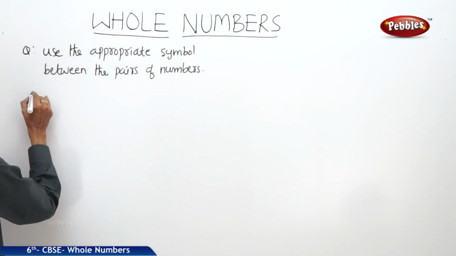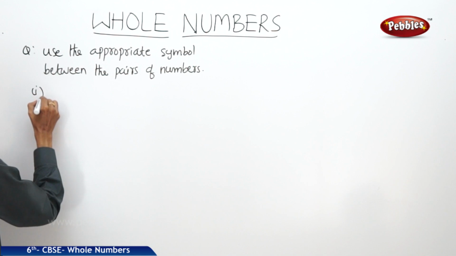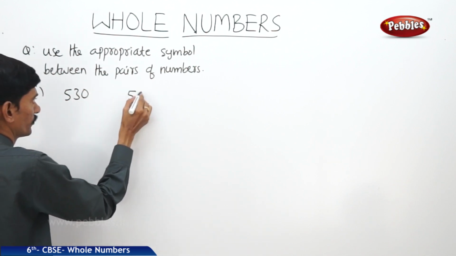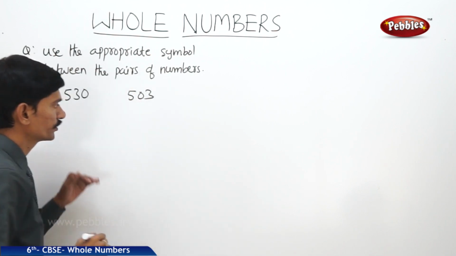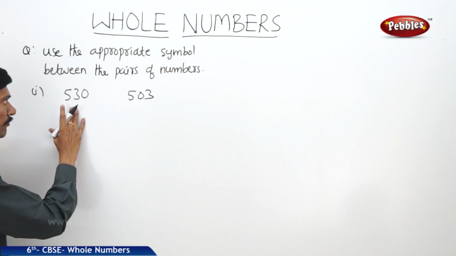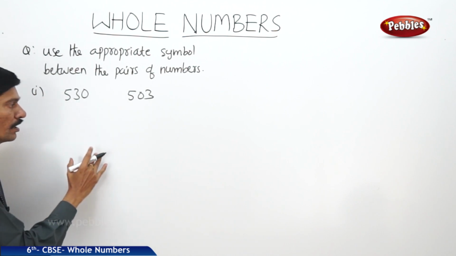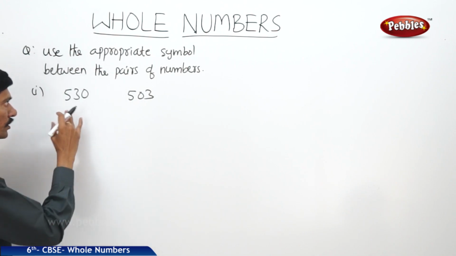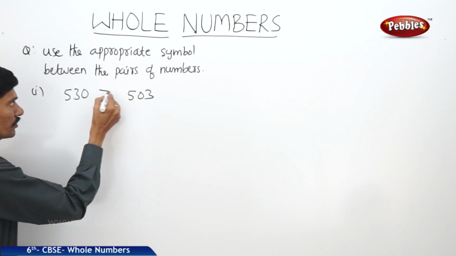So the first question, 530 and 503. If you draw the number line, the given number 530 lies on the right side of the other number 503. So here 530 is greater than 503.